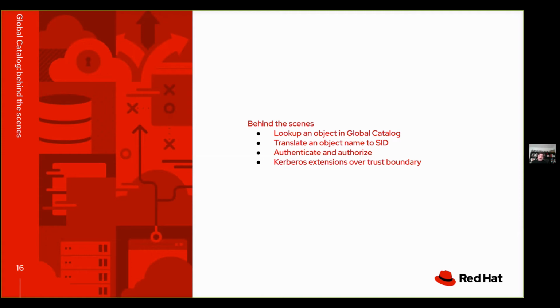And then to log in to the system, we needed to first authenticate and then authorize this login. There's a lot of use of Kerberos in it, and specifically the extensions that Microsoft created over Kerberos to support these use cases. So let's go into those details.